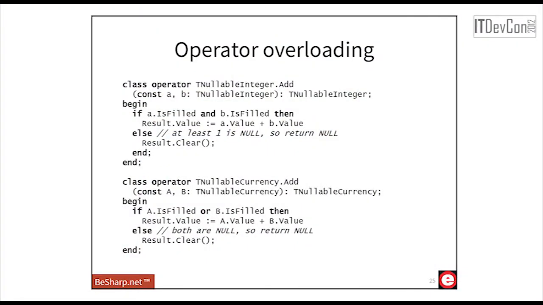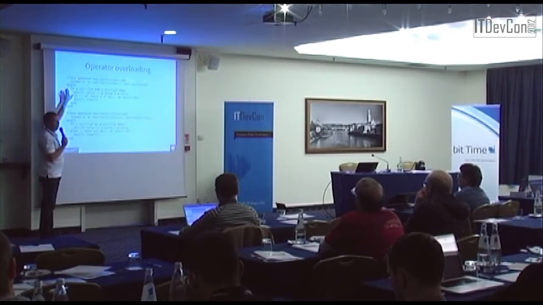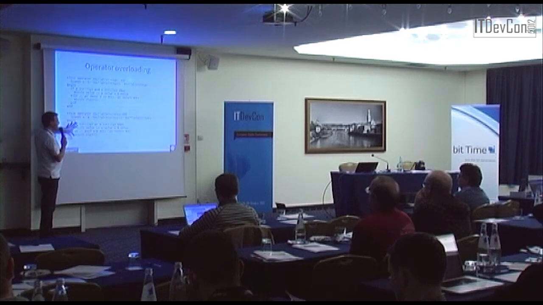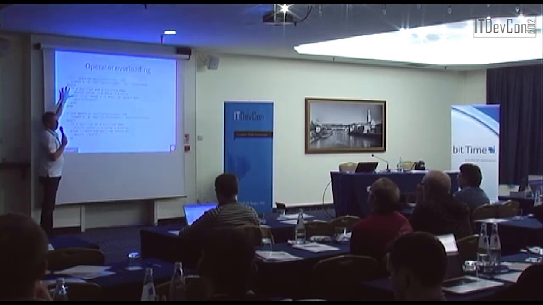So this one mimics the sum behavior in SQL. And otherwise, I'll clear the result. And for all other data types, I only give a result when both A and B are filled. So both of them are not null. This mimics the standard database behavior of using nulls in databases. So this is the exception. This is the normal case.